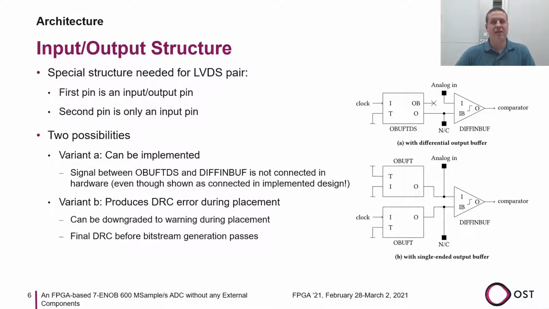The DRC error states that a single-ended output buffer cannot drive a differential input buffer. However, this DRC error can be downgraded to a warning. If the error is re-enabled before the final DRC, which is executed before the bitstream generation, this DRC passes and a valid bitstream is generated. When tested on hardware, this structure works as expected.